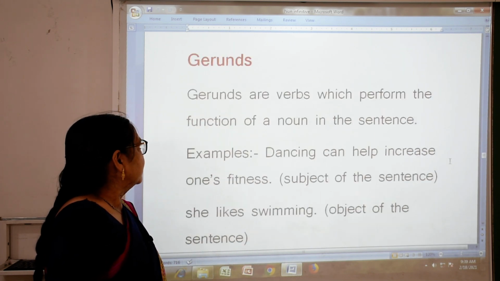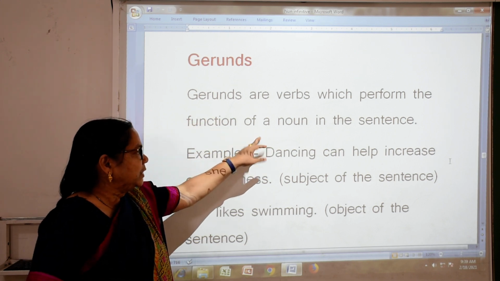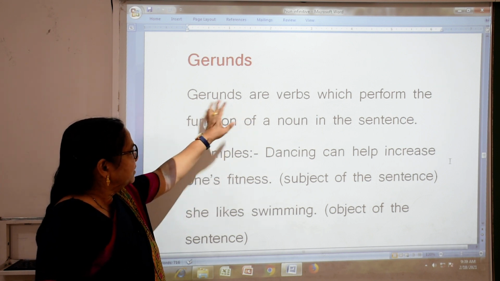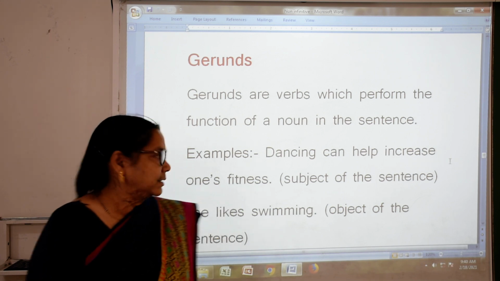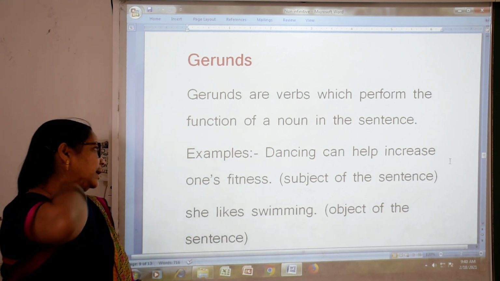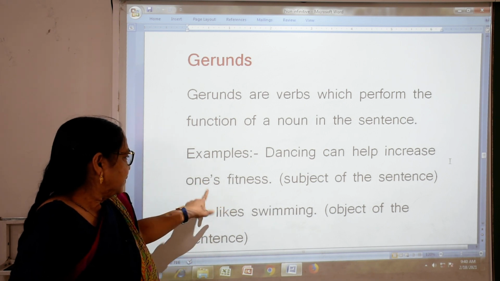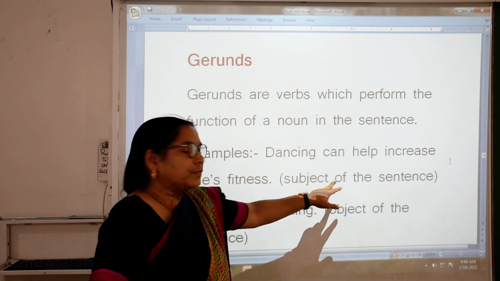Now gerunds. Gerunds are verbs which perform the function of a noun in the sentence. Now we will see example: dancing can help increase one's fitness. Here dancing is the subject of the sentence.